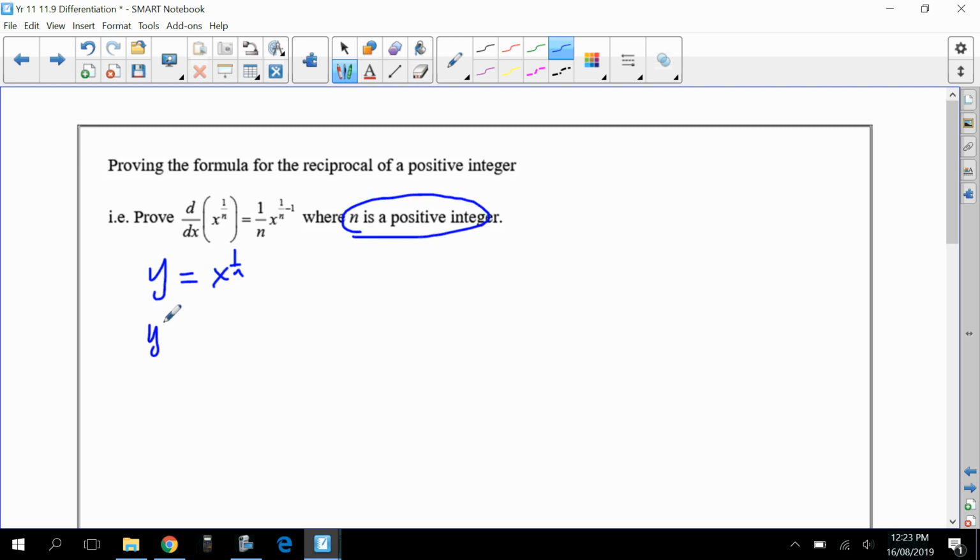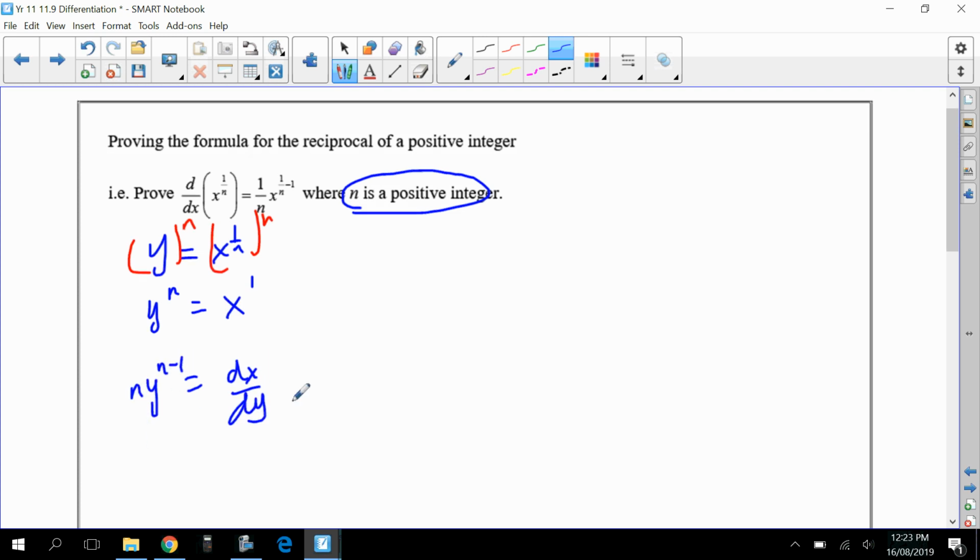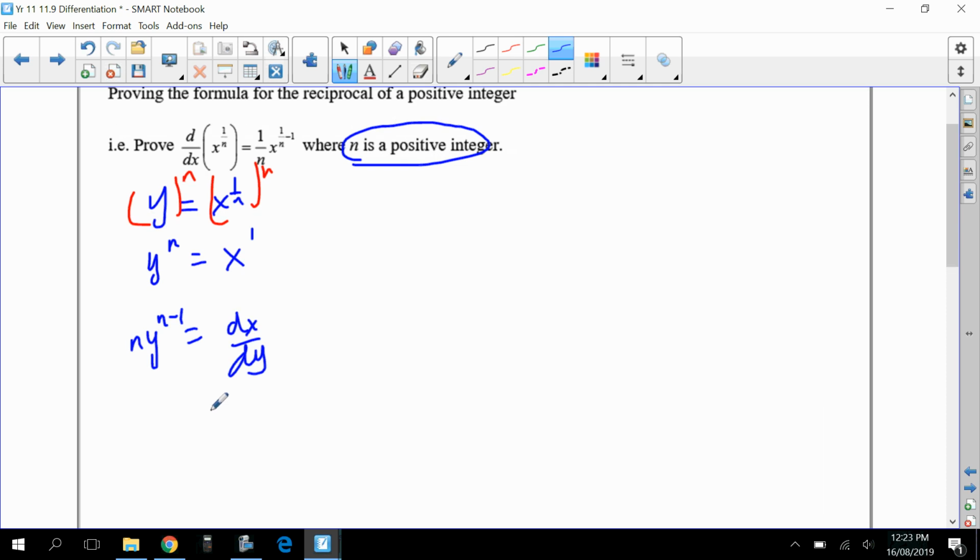So we're going to raise both sides to power n, like this, right? Raise both sides to power of n. And then instead of doing dy on dx, we find dx on dy. That gives you this. And we know that once you get dx on dy, we can find dy on dx. That gives you 1 over this, right?